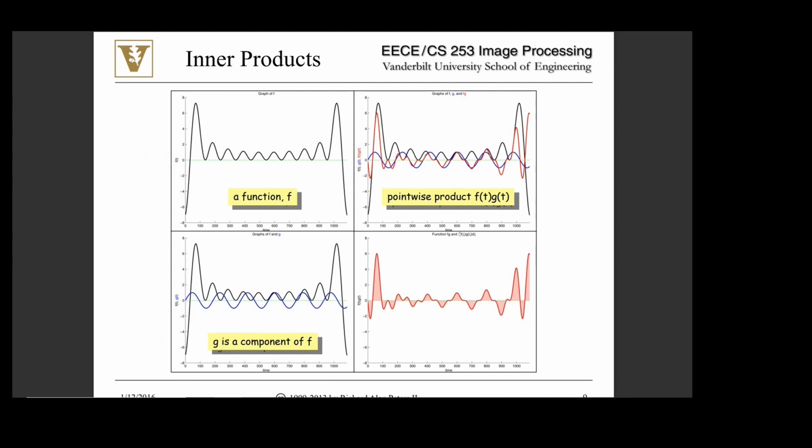So I compute the product between the two, here in red, and then you integrate over time. So it is all this area. When you say that two signals are orthogonal, it means that this area is 0. It doesn't mean that the product of the two is 0. The inner product is 0, but point-wise, it is not 0. The integral of that is 0.